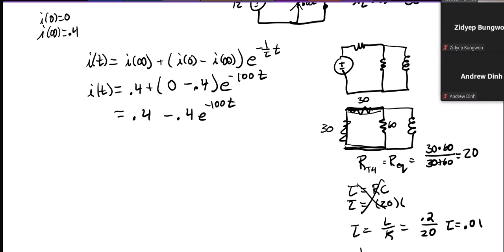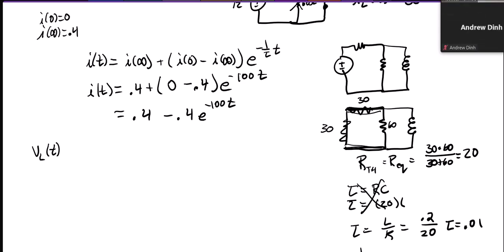And the last thing that this problem asked us for was VL of t. We needed to find I of t first because that's what we know how to find. To find VL of t, V equals L di dt. So L was 0.2.